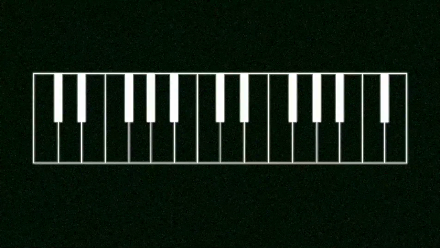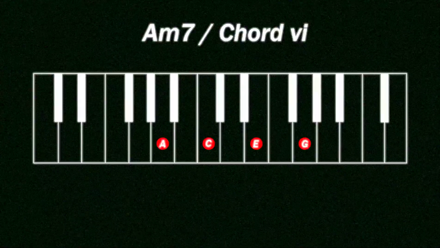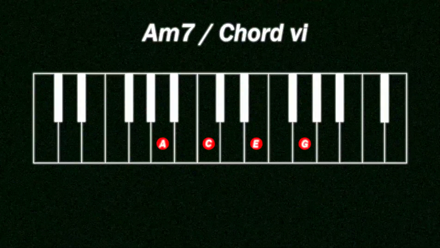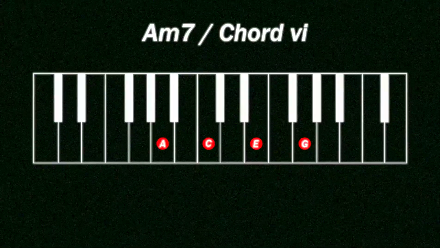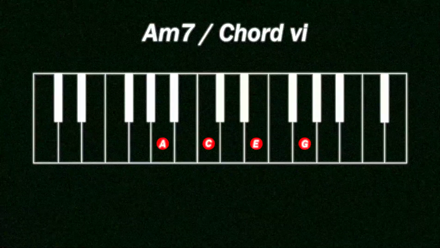Now, let's take a look at the notes in chord 6. We have A, C, E, and G. This gives us an A minor 7 chord. But what happens if we put this chord into first inversion?